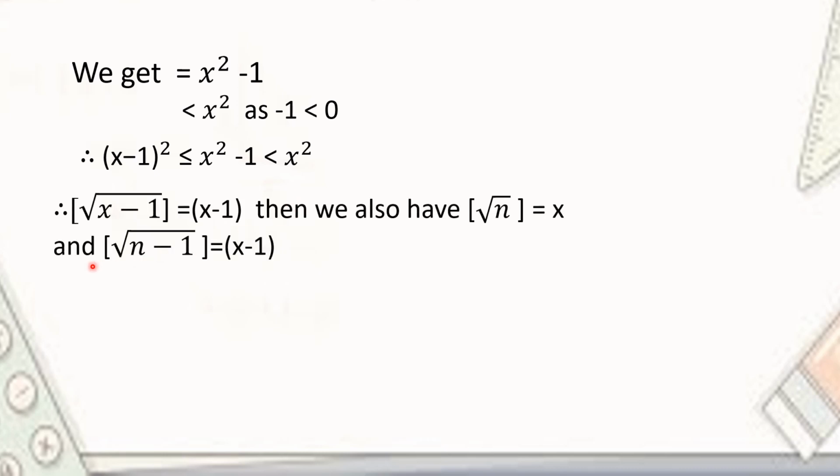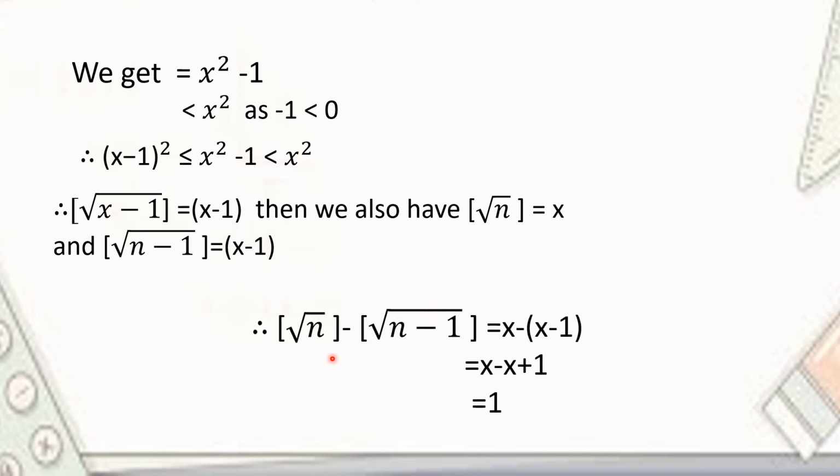This implies that the integer part of root of x square minus 1 is equal to x minus 1. Then we also have the integer part of root n is equal to x, and the integer part of root of n minus 1 is equal to x minus 1 from above. So we substitute in the expression, the integer part of root n minus the integer part of root of n minus 1, which is equal to x minus (x minus 1), which is equal to 1.